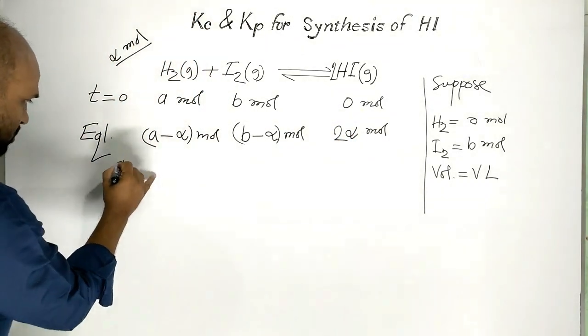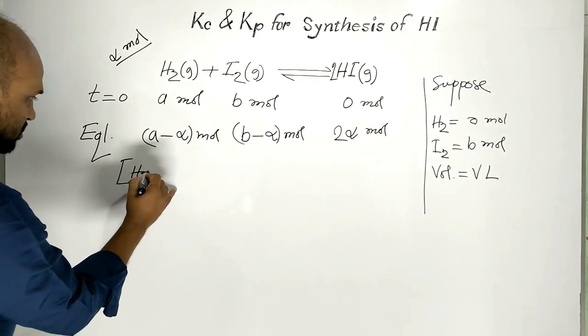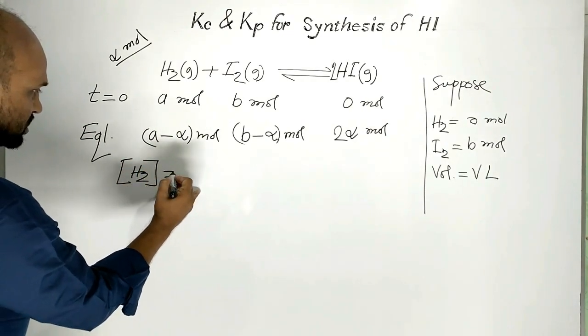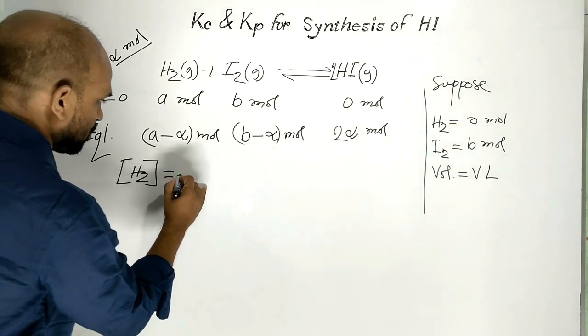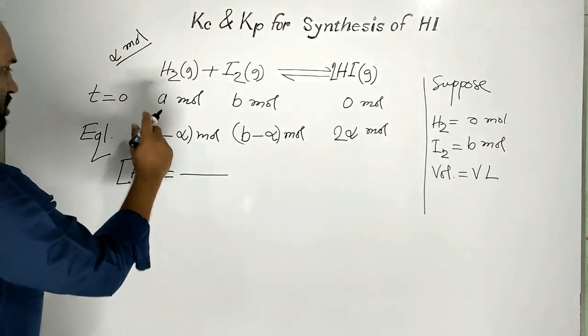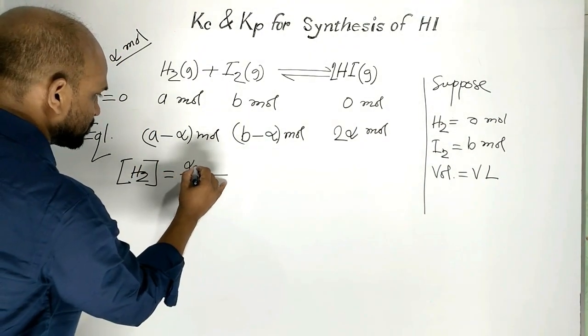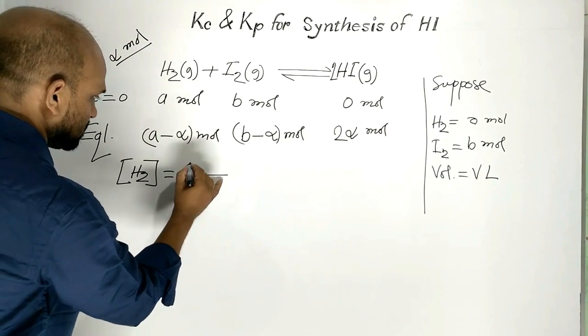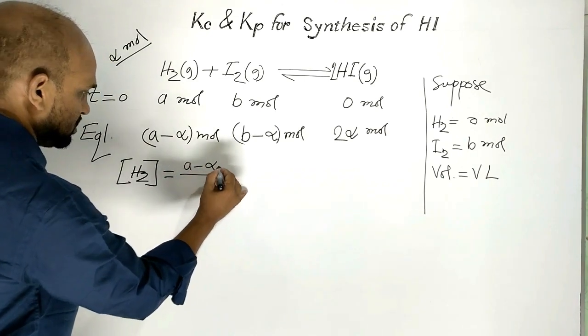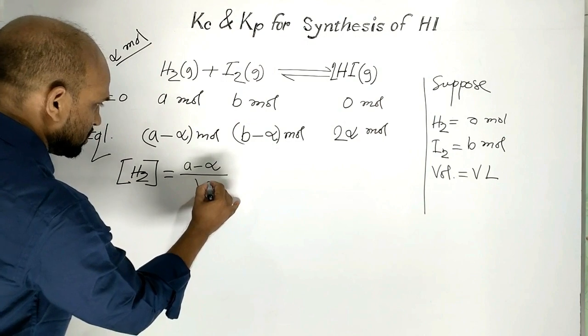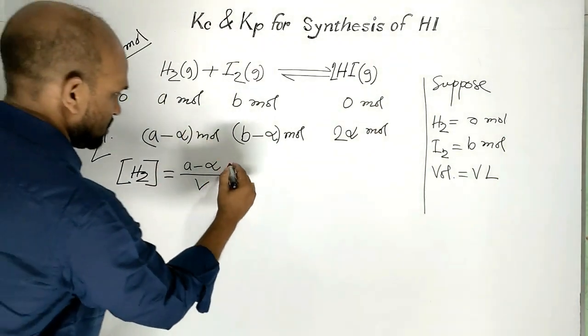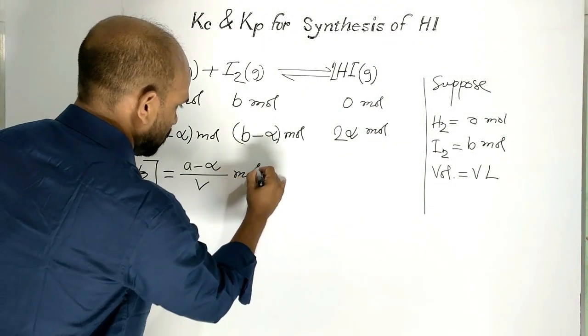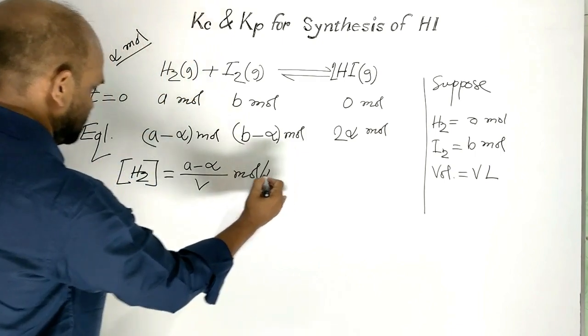Then what is the concentration of hydrogen? Concentration of hydrogen is number of moles of hydrogen, A minus alpha, divided by volume of the reaction, in mole per liter.